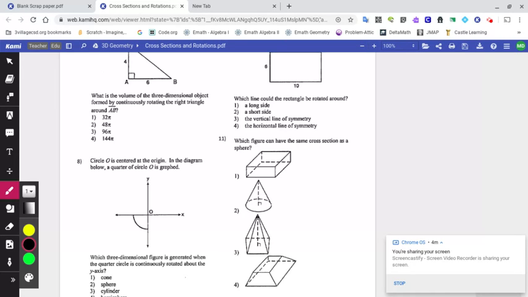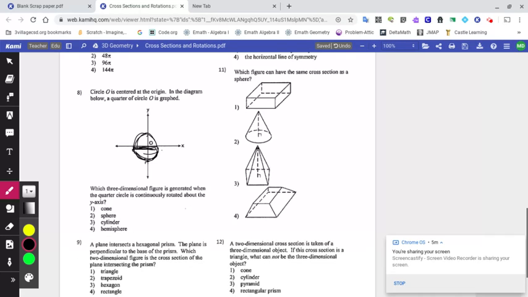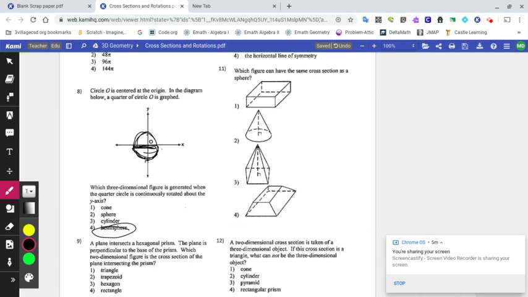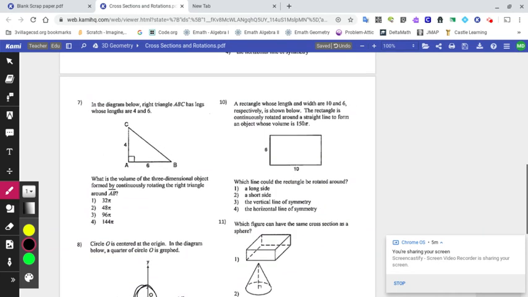If I continue to rotate, I'm going to get this figure, which is going to be half of a sphere. If it was the whole circle, I would be getting the whole sphere, but it's only a quarter, so I'm only going to get the bottom half of that sphere, the hemisphere. Number 10 is exactly the same as number 6, so I won't go through that one again.